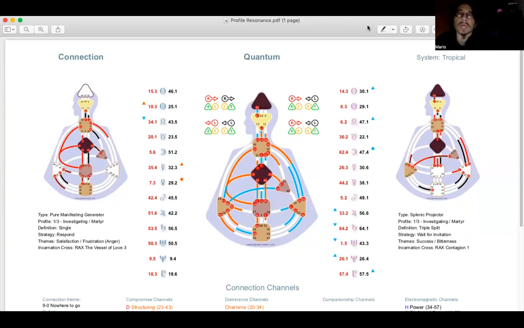In this particular example, we have a 1-3 splenic projector and a 1-3 pure manifesting generator. Thus, the resonance is the 1 Earth and Sun to the 1 Earth and Sun on the other chart. And then we have the design 3s for the Sun and Earth on the projector chart and on the pure manifesting generator chart. And so we have a 1-3 and a 1-3.